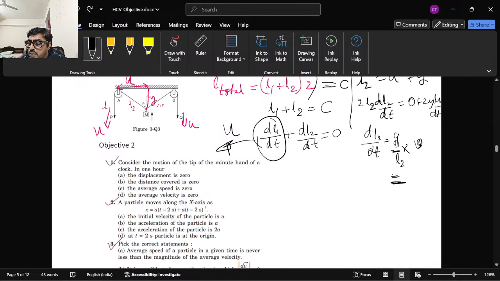So cos theta into V. Substitute there: u plus V cos theta equals 0.